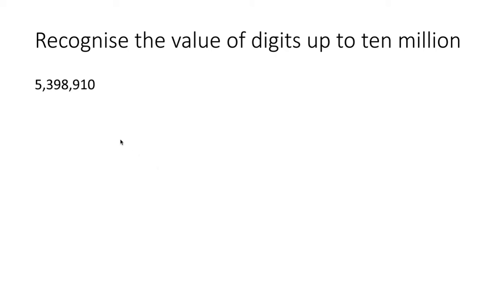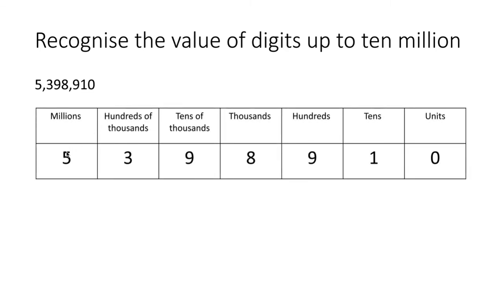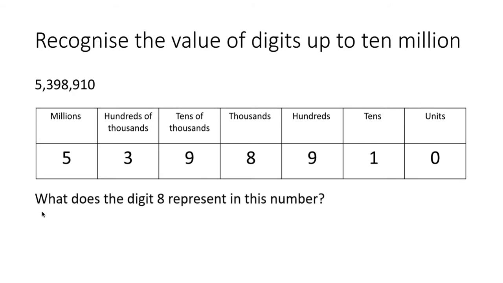Okay, we've got 5,398,910. Put it in a place value chart again. I'm going to ask a slightly different question. What does the digit 8 represent in this number? So the first thing I need to do is find the digit 8. There it is, right here on our place value chart. Now if it's in my place value chart, I can look at the column header.